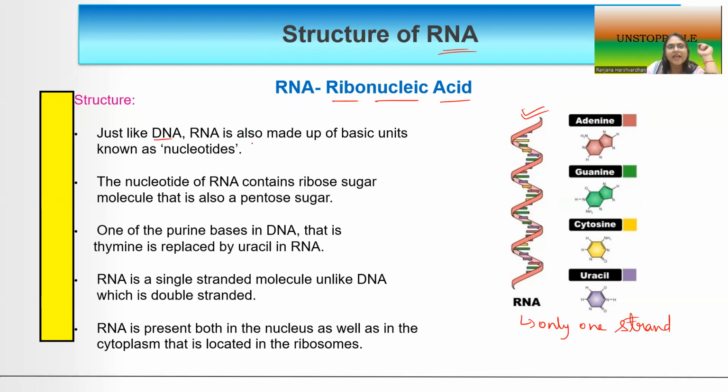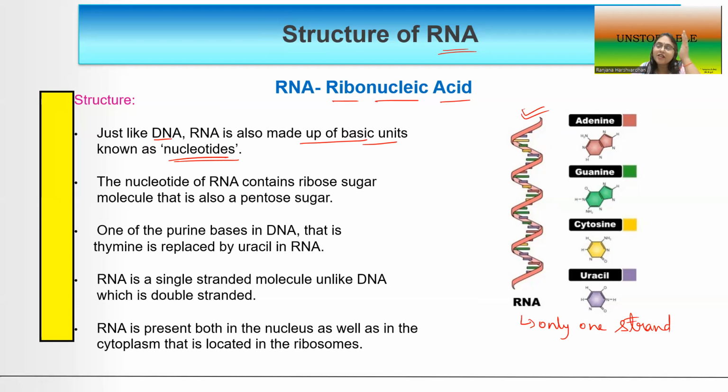Just like DNA, RNA is also made up of repeating units called nucleotides, which are made up of one phosphate molecule, one sugar molecule, and one nitrogenous base. Let us see what is the same and what differs. Phosphate is always PO4 3 minus.